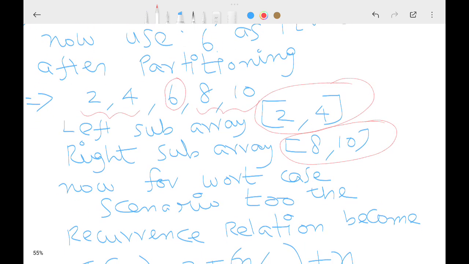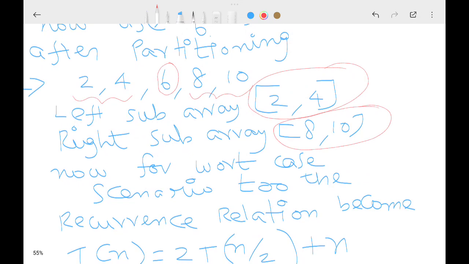So now, for the worst case scenario, that means the given input is already sorted. For the worst case scenario itself, the entire input is split into two equal sized subarrays.